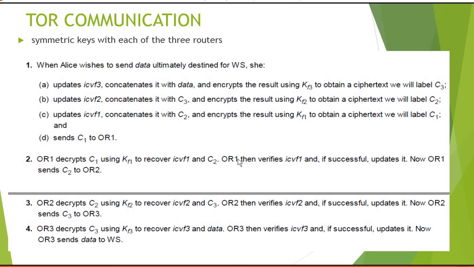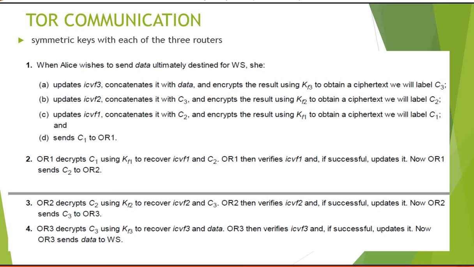Now let's see how the Tor communication happens. There are symmetric keys which will be generated for 3 routers: onion router 1, router 2 and router 3. Here Alice wants to send the data to the web server, and 3 onion routers are involved, so separate integrity check values will be used.